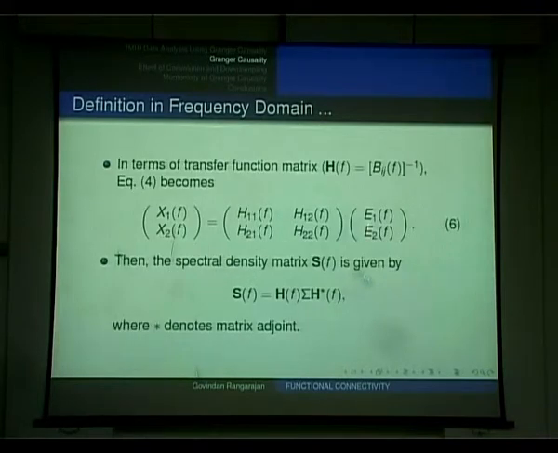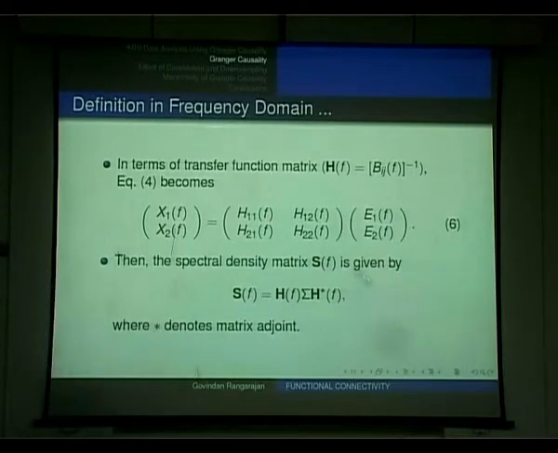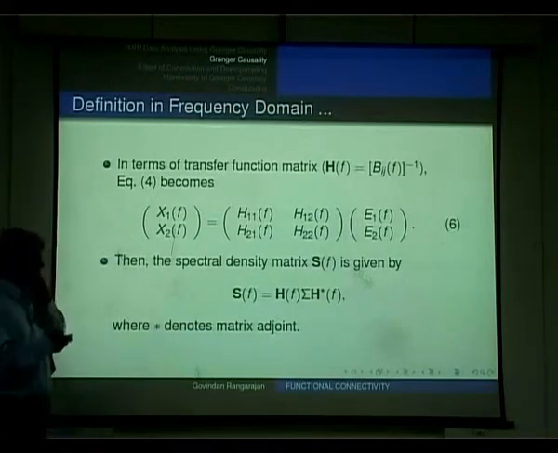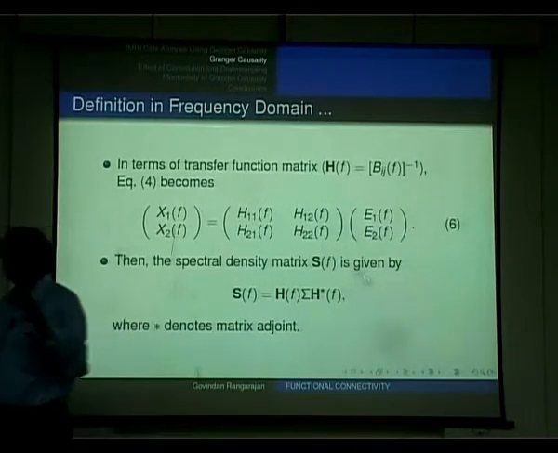For the autoregressive processes we're interested in, you can invert this and get X in terms of the error through what are called transfer function matrices. The concept of transfer matrices comes from the electrical engineering literature. Once you have the transfer functions, you can build the spectral density matrix S in terms of the transfer functions and the covariance matrix of the noise. The diagonal terms in the spectral matrix correspond to the usual power spectrum of the process.